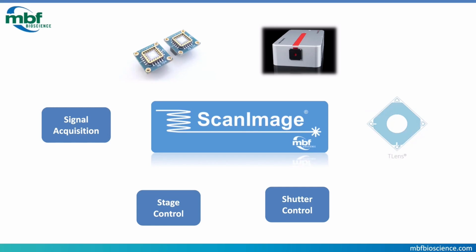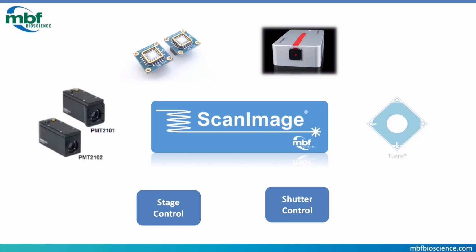the Micro T lens. We also support several light detection devices so long as it outputs a signal capable of driving a 50 ohm load at 0.5 to 2 volts peak to peak. ScanImage can automatically turn these PMTs on and off with the start and end of each acquisition. We support any shutters which can be controlled via a digital signal.